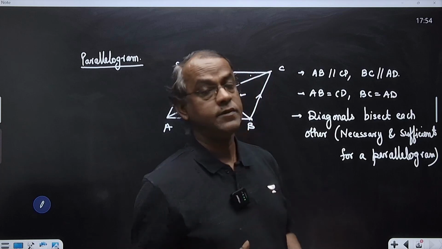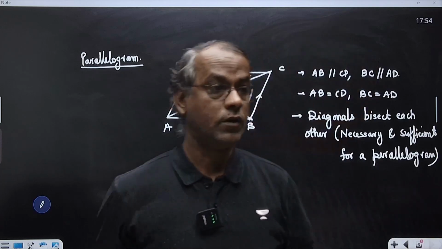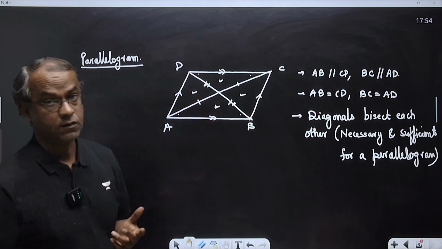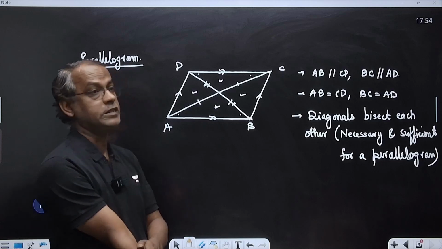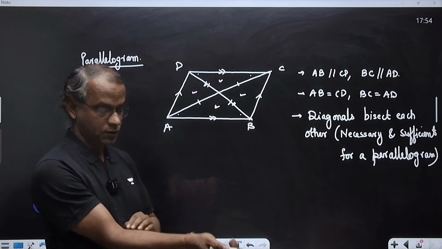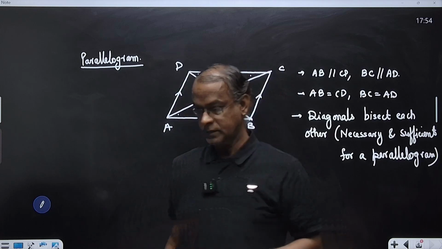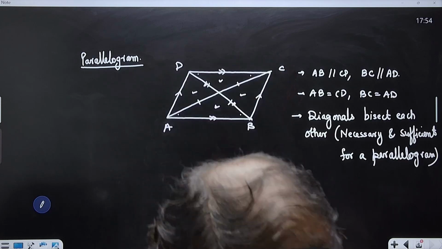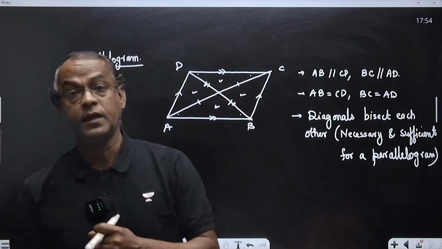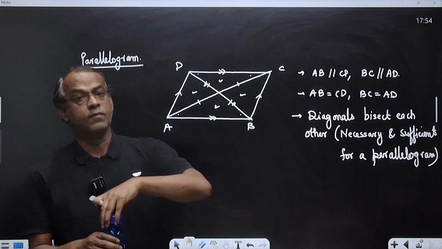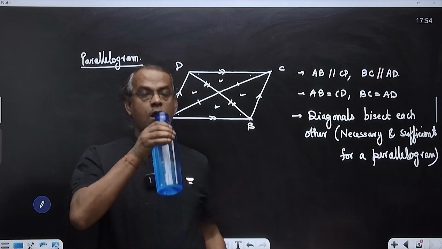So, a lot of times bisection plays a very important role in proving this. The converse of the basic proportionality theorem is generally done through the Thales theorem.